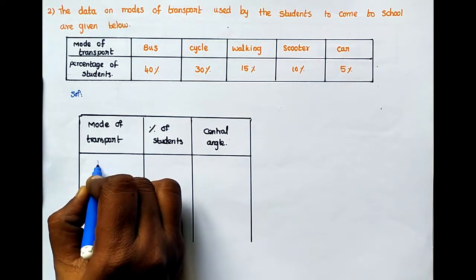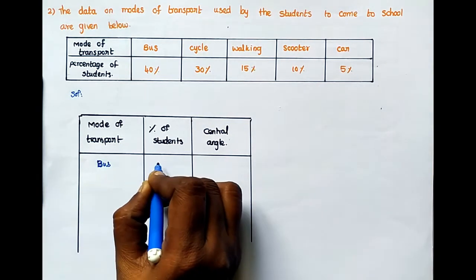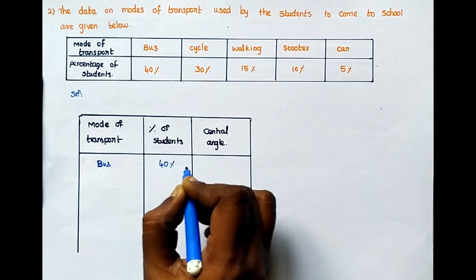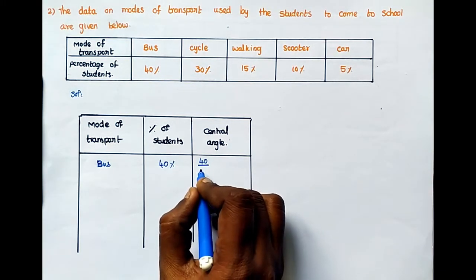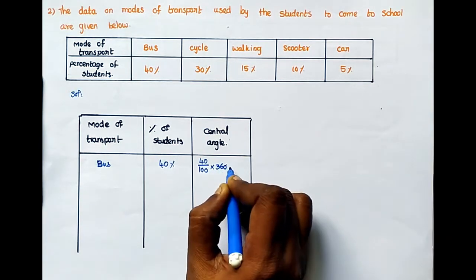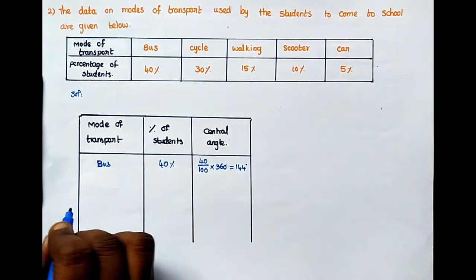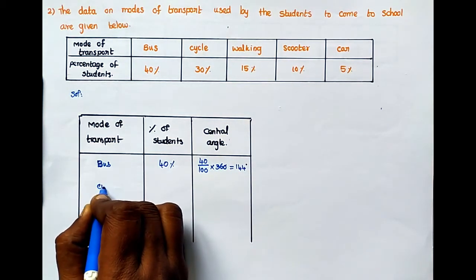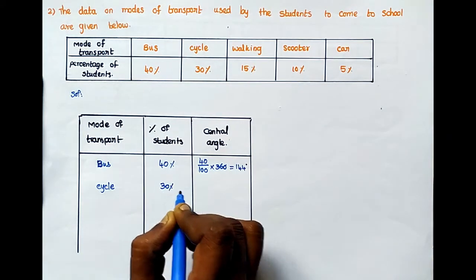First one, bus, 40%. So 40 divided by, percentage means divided by 100 into 360 means we get 144 degree. Next, cycle, that is 30%.